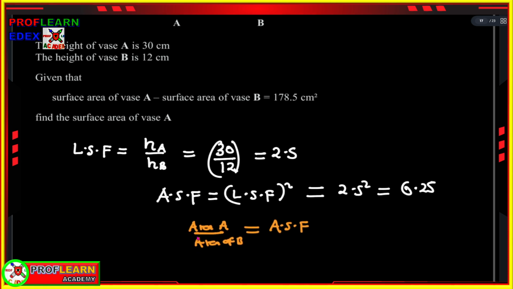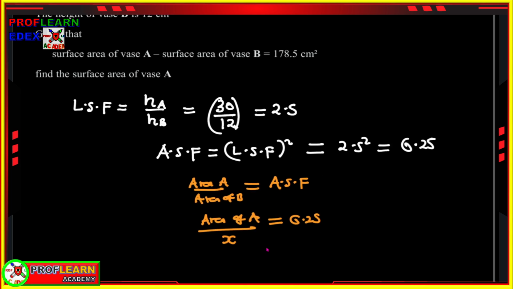So area of A over area of B, our area of B is X, which I let there, equals 6.25. So area of A is going to be 6.25x. Meaning that if you take area A minus area B, you will get this answer.